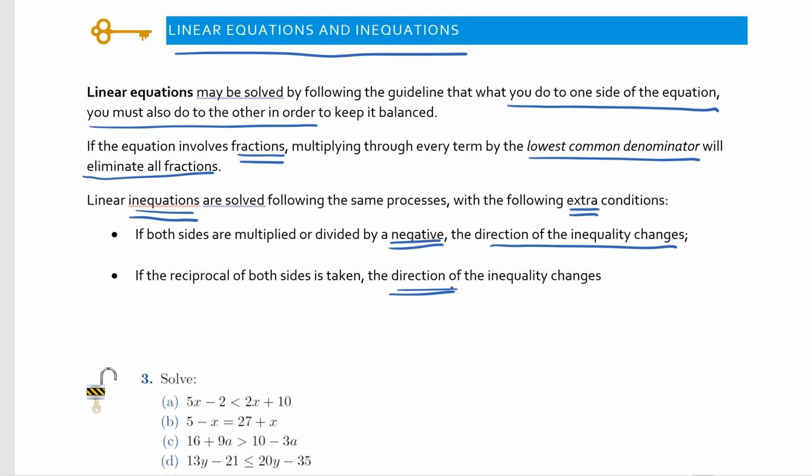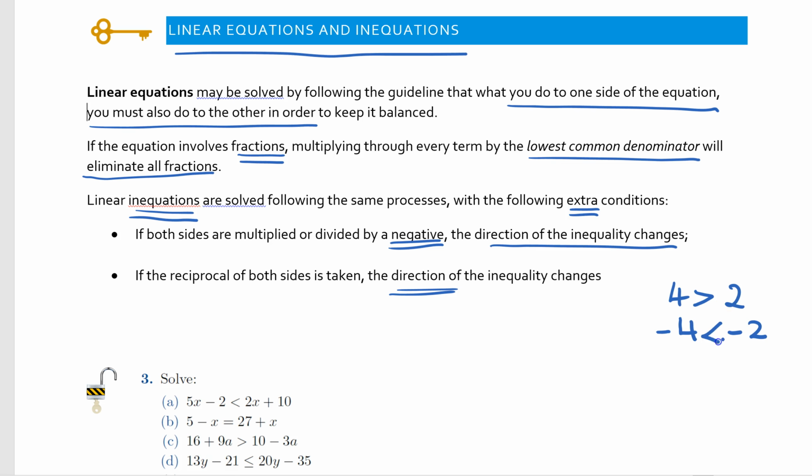Now, if you get into an exam and you're stuck trying to remember what exactly the rule is, go with an easy example. So if, for example, we think of the inequality 4 is greater than 2, just working straight out with numbers, then if I divided both sides by a negative, say negative 1, so that I got negative 4 and negative 2, then no longer is the inequality pointing to the right true.